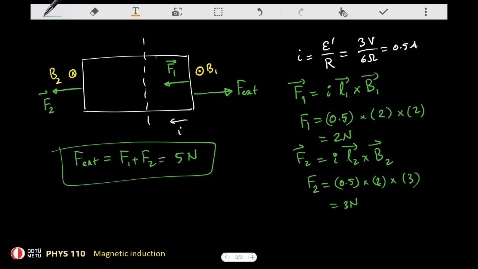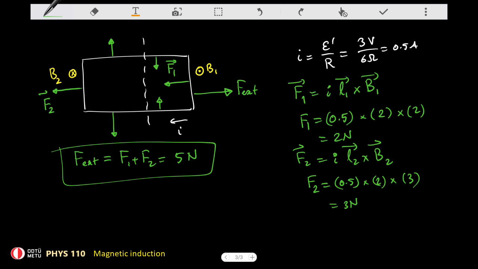Why didn't I count in the forces on these two sides? The reason is that they just cancel each other. I know that from experience. So the force on that side cancels with that force, and the force on this side cancels with that force, so I didn't include these. But of course, in the actual calculations, I need to compute the total force applied by the magnetic field on the frame.